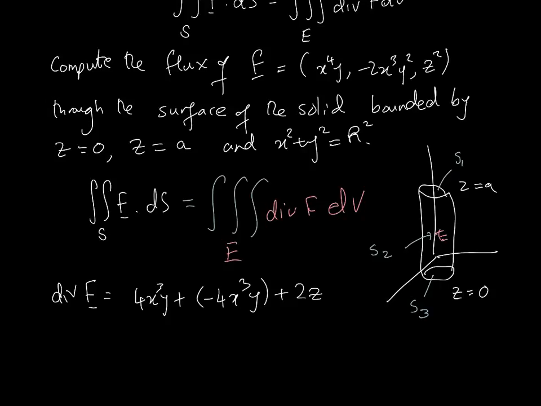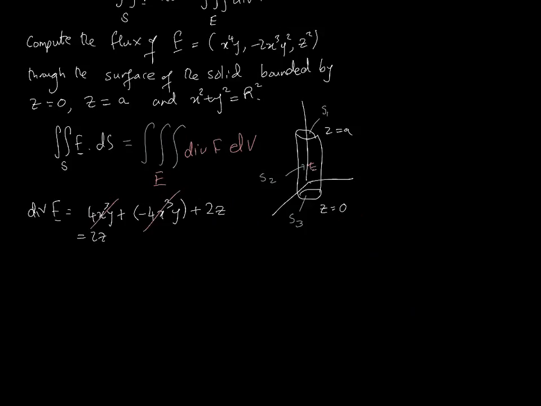So that's basically the div of this function. Notice that these two cancel, and all we're left with is just 2z.